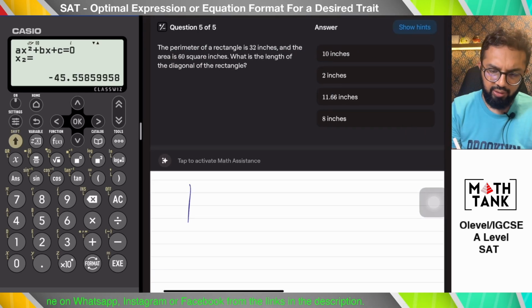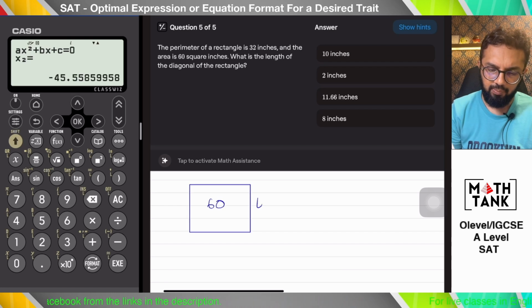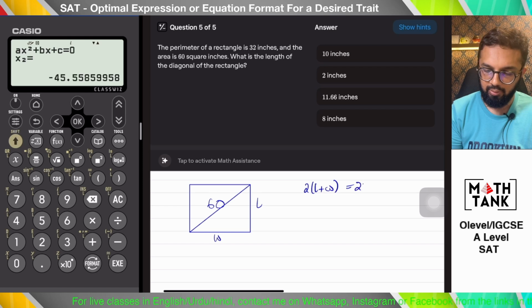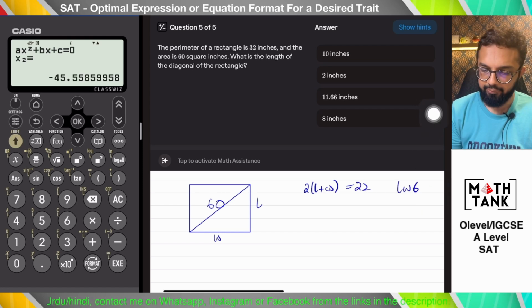The perimeter of the rectangle is 32 inches and the area is 60. What is the length of the diagonal of the rectangle? So 2 times L plus W is 32 and L into W is 60. I will have to solve these simultaneously. L plus W should equal 16.